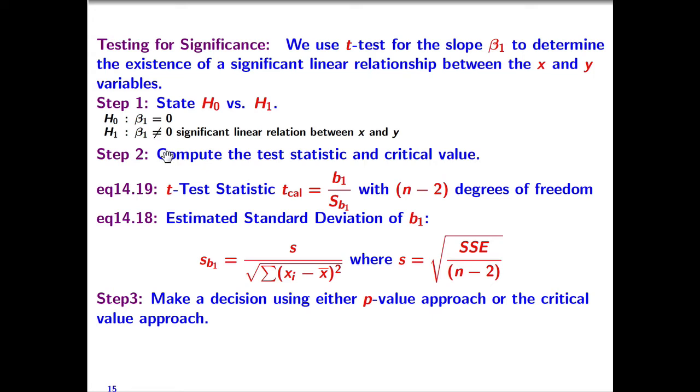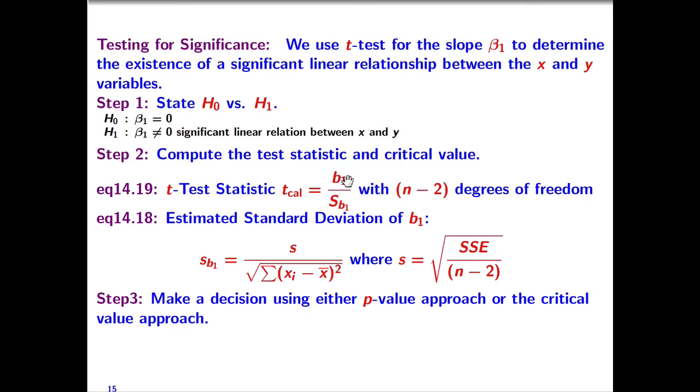Step number 2, we need to compute the test statistic. For computing the test statistic, we use equation 14.19, and this t-cal is equal to b1 over sb1. This is a t-test, so we need to find the degrees of freedom. In this case, the degrees of freedom will be n minus 2.